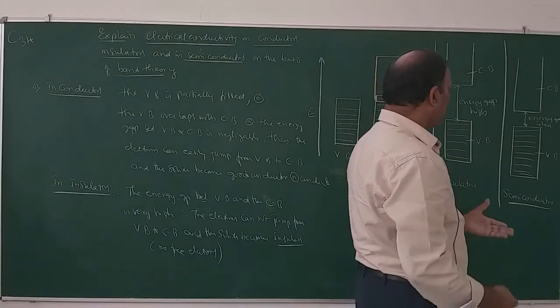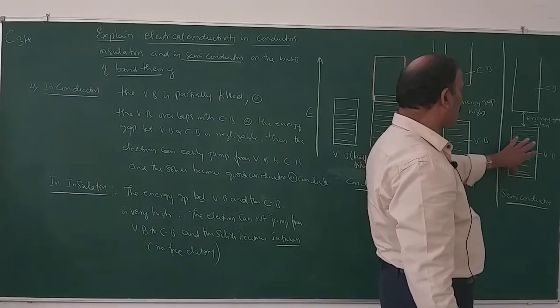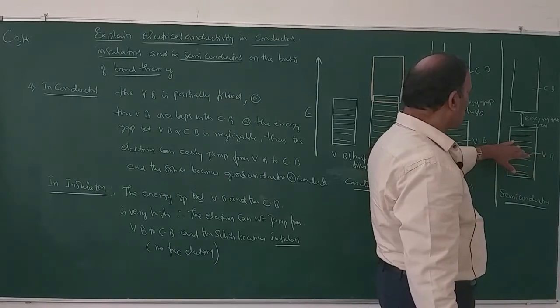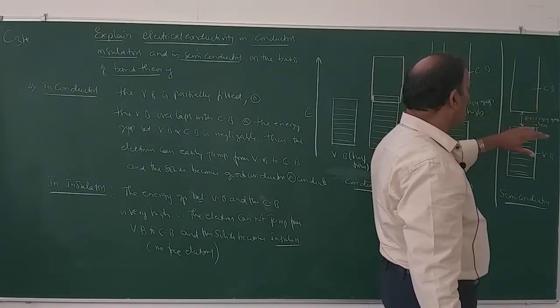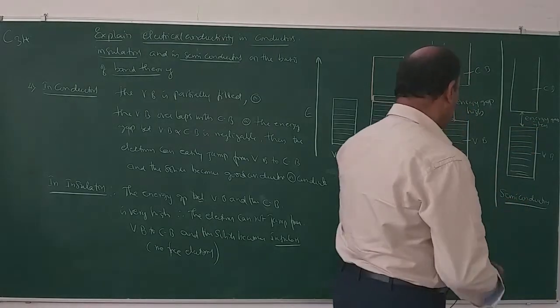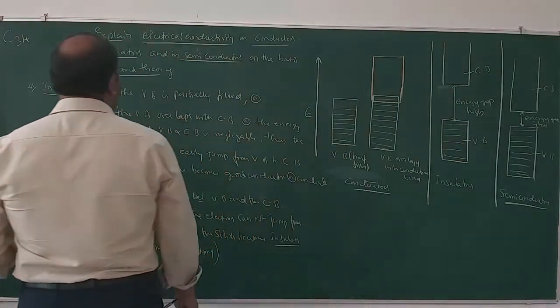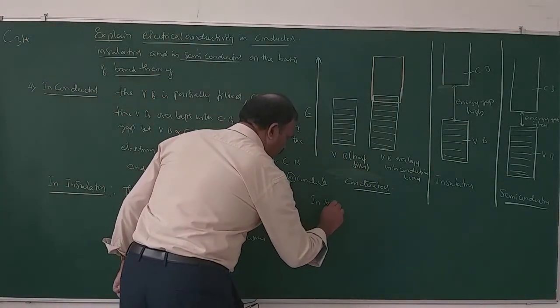Therefore, by the supply of a little amount of energy in the form of heat, these electrons can easily jump from valence band to conduction band, and the conductivity of the semiconductors increases.